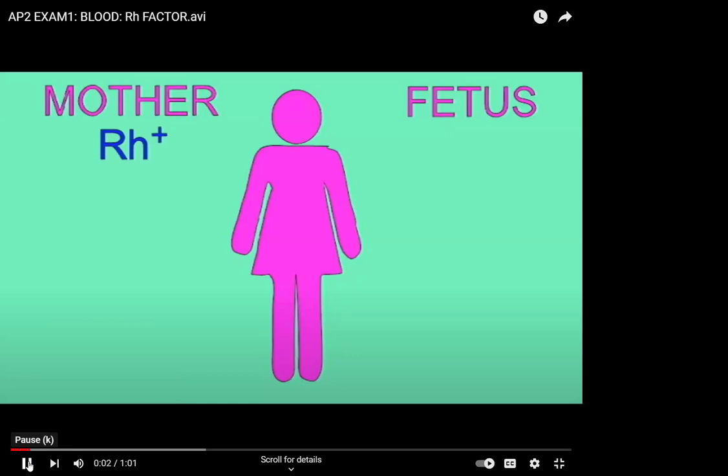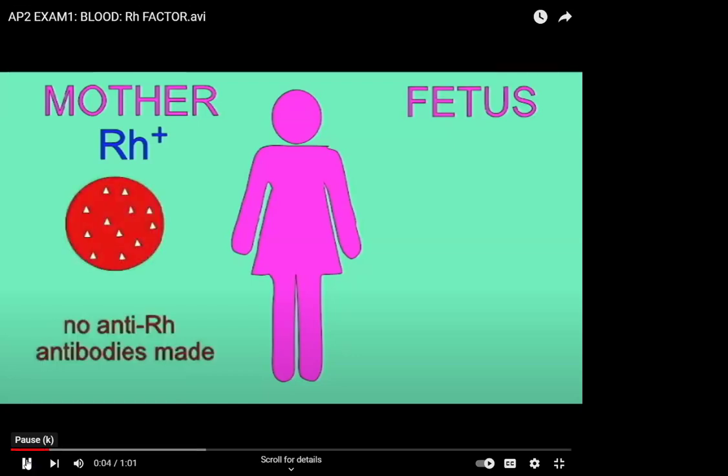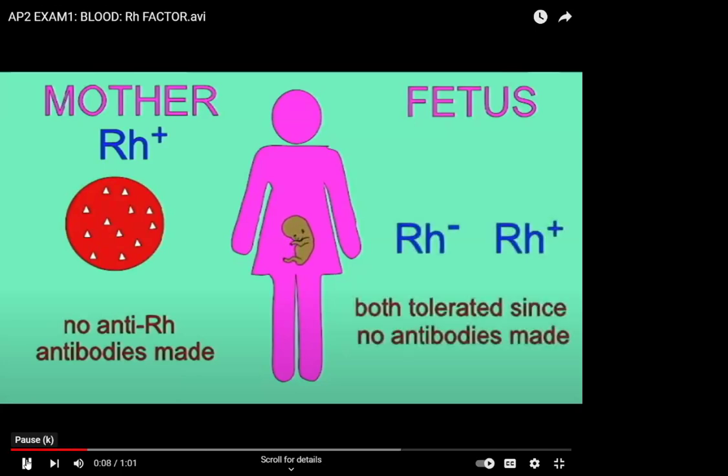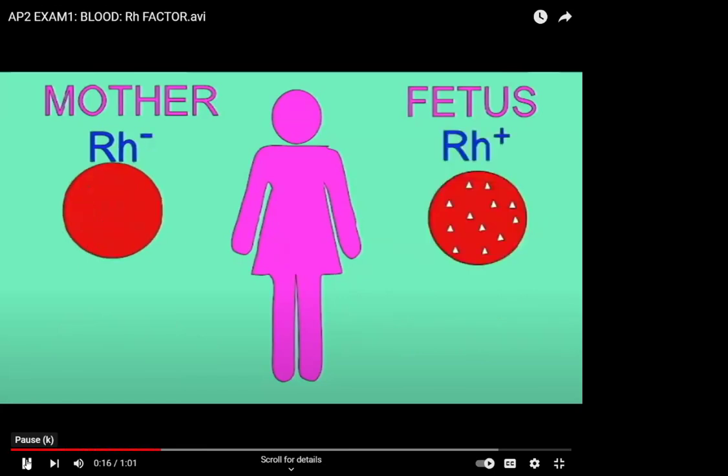An individual who is Rh positive should never develop antibodies against the Rh factor. That would be a reaction against self. An individual who is Rh negative can develop antibodies against Rh, but probably won't during their lifetime unless they are exposed to Rh positive blood, for example by transfusion.